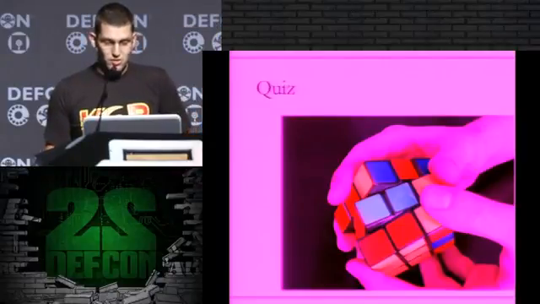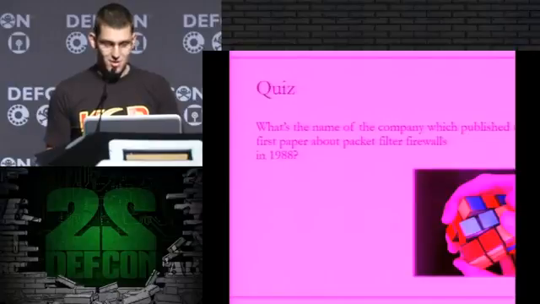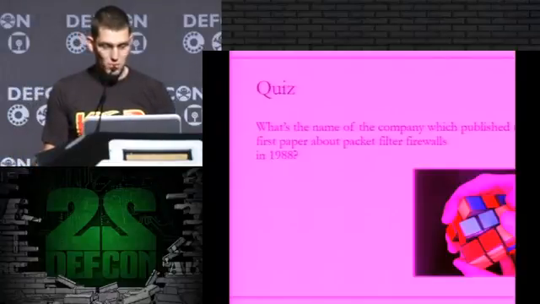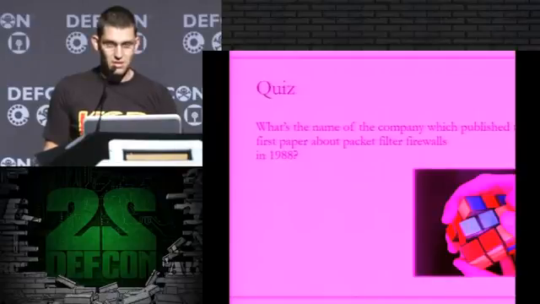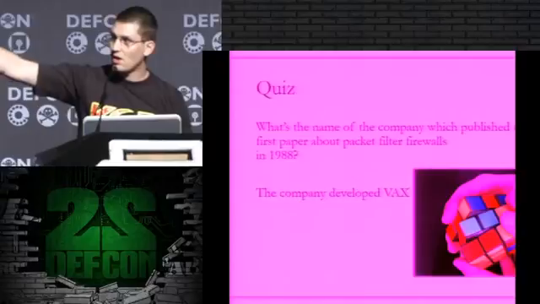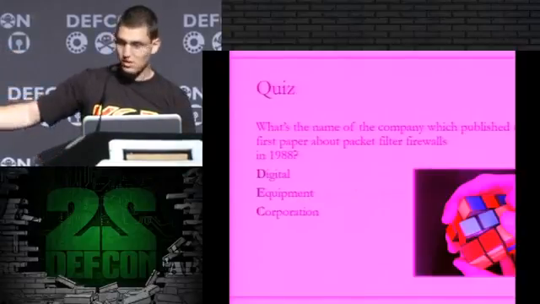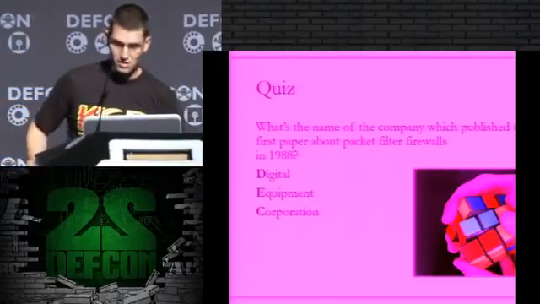So the question is, what's the name of the company which published the first paper about packet filter firewalls? Not Microsoft, not Sun. DEC. I heard DEC there. Yes? All right.